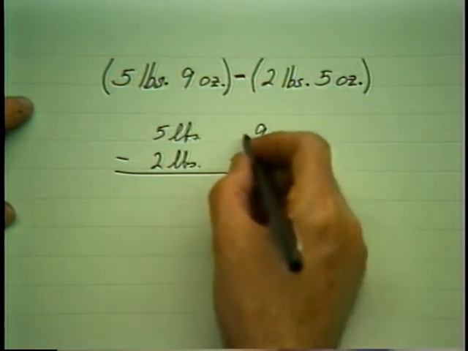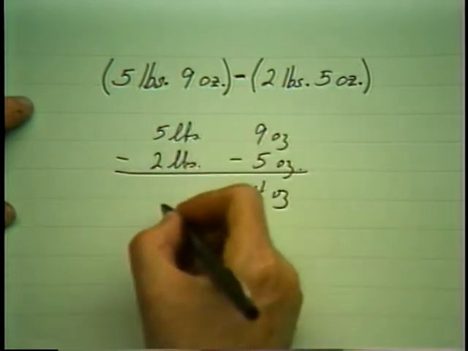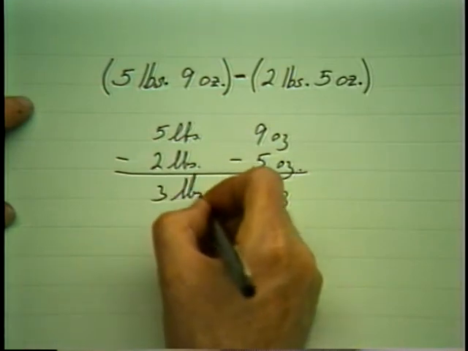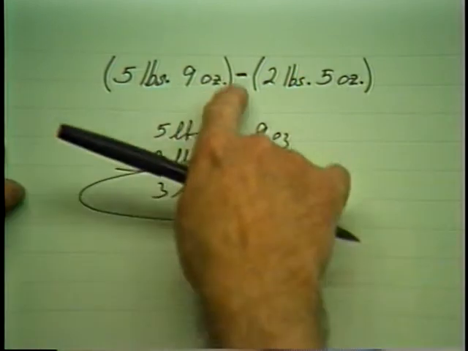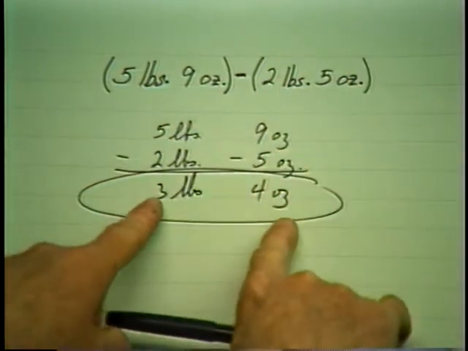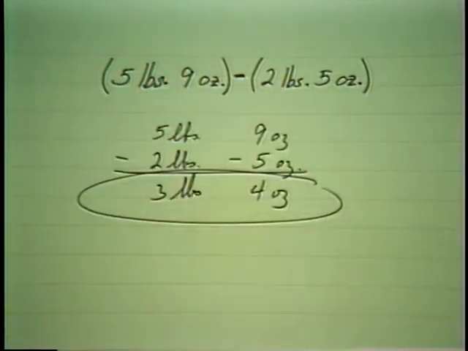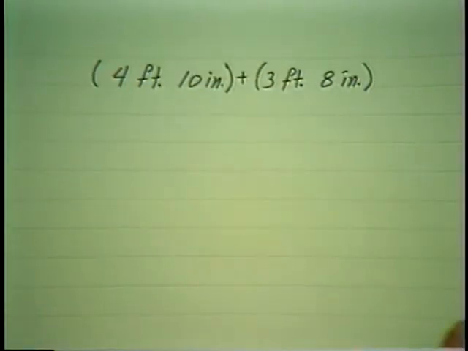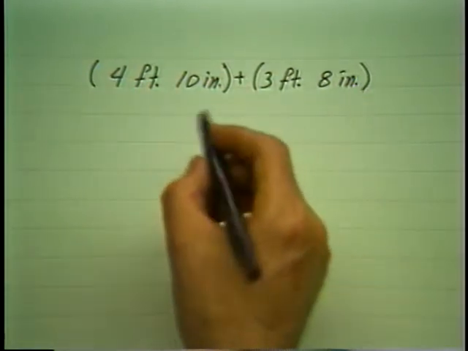So 5 ounces from 9 ounces is 4 ounces, and 2 pounds from 5 pounds is 3 pounds. So 5 pounds 9 ounces, subtract 2 pounds 5 ounces is 3 pounds 4 ounces. Really no more difficult than subtracting the decimals. But in decimals sometimes you had to carry or borrow. So it is with units.